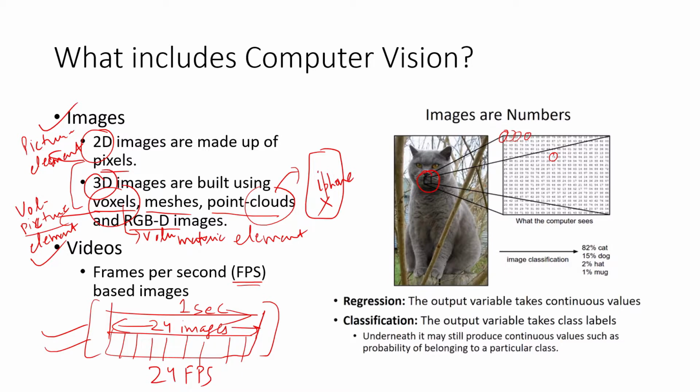And what is a regression problem, what is a classification problem, you will learn over time, but I can give you an overview. Regression means the output variable takes a continuous value. Let's say now you want to predict house prices, and you have multiple data, let's say number of rooms, area, and location.